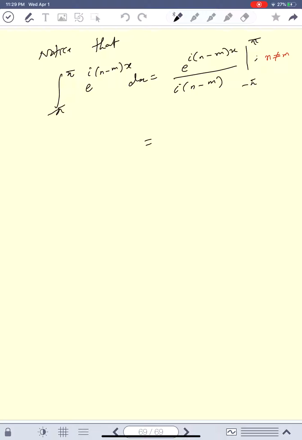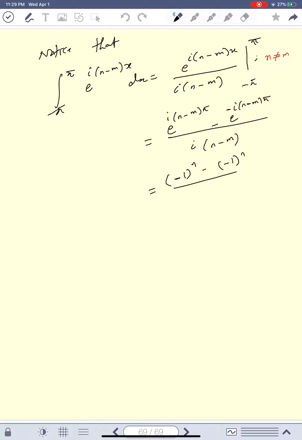Okay, so what is this? You substitute the pi, you substitute the negative pi, so this is e to the I n minus m pi minus e to the negative I n minus m pi over I n minus m. But we computed these values before. Both are negative 1 to the n, and this is 0.